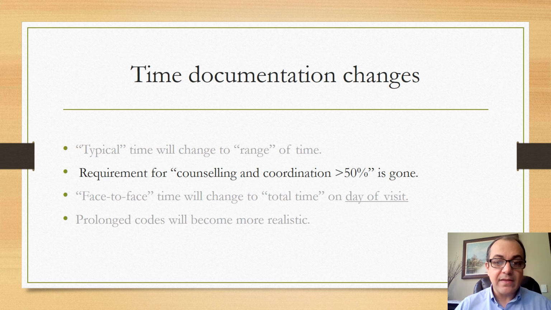The second thing is that having that requirement tends to ignore things that doctors and allied professionals do all the time that they spend a lot of time in, such as reviewing documents, preparing to see the patient, coordination and calling other physicians, documenting even things in the medical record that consume a lot of time but are not accounted for because they are not face-to-face, 50% counseling and coordination. So what to do with that?